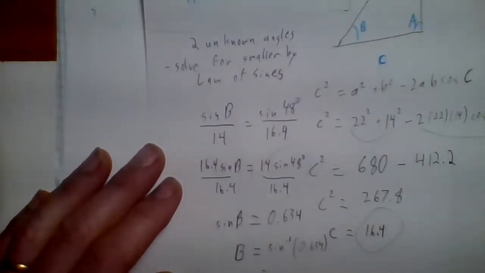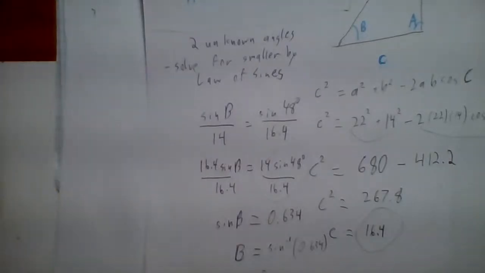If you're in degree mode, that'll come right out as a degree measure. Let me do those calculations off to the side also. That should come up to 39.3 degrees.